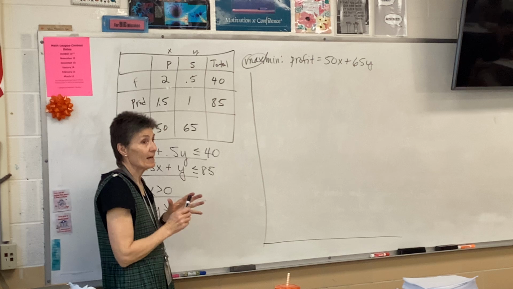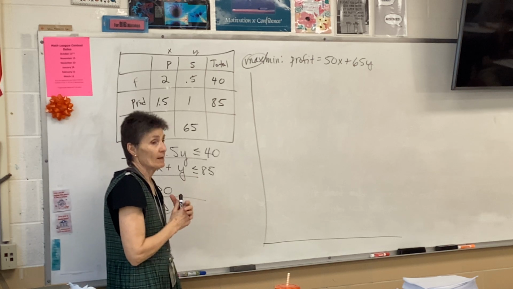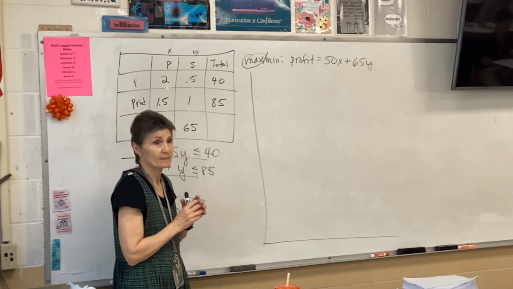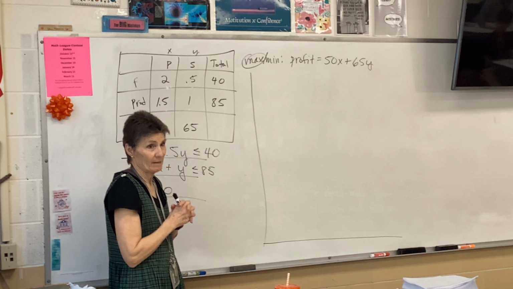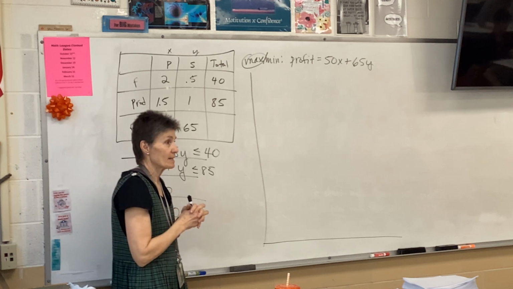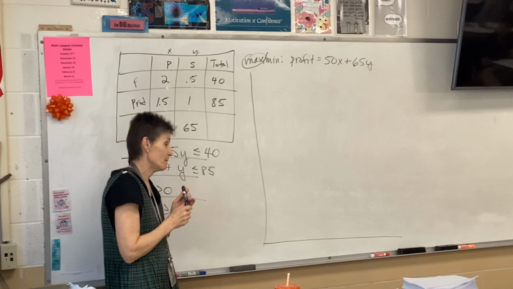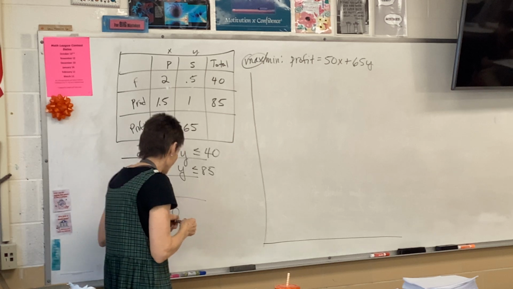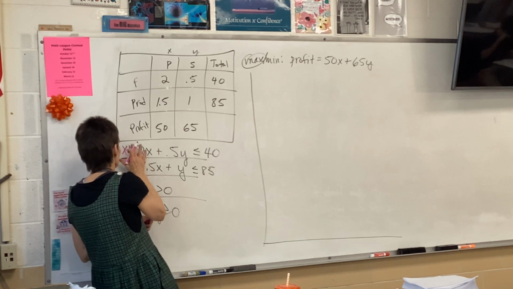Now I can tell by the size of these numbers, remember how yesterday we used a scale of 10 in one of our problems? We might want to do that again. So instead of being 1, 2, 3, it's going to be 10, 20, 30, because these are big numbers. All right, so here's my pink equation.